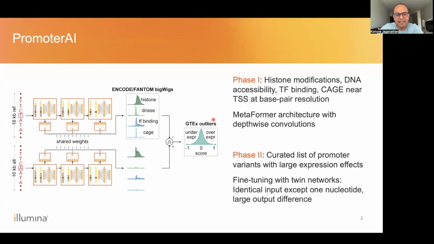In terms of the architecture of the model, we use a fully convolutional model. The inspiration is a paper from a few years ago called MetaFormer, where they argue that the reason these transformer models work is not so much the attention operation, but the way the architecture is set up, where you have a token mixer with a residual connection followed by an FFN layer with a residual connection.